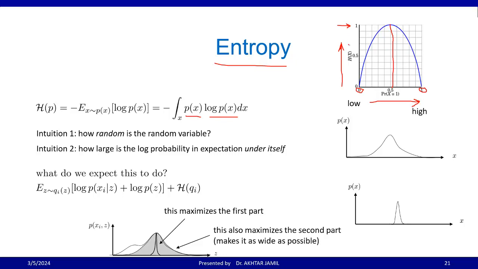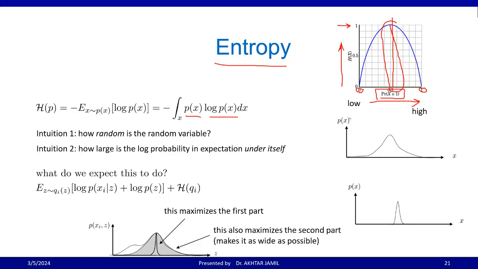So that is where we have the maximum entropy. Wherever the randomness is highest, that is going to give us the high entropy over there.